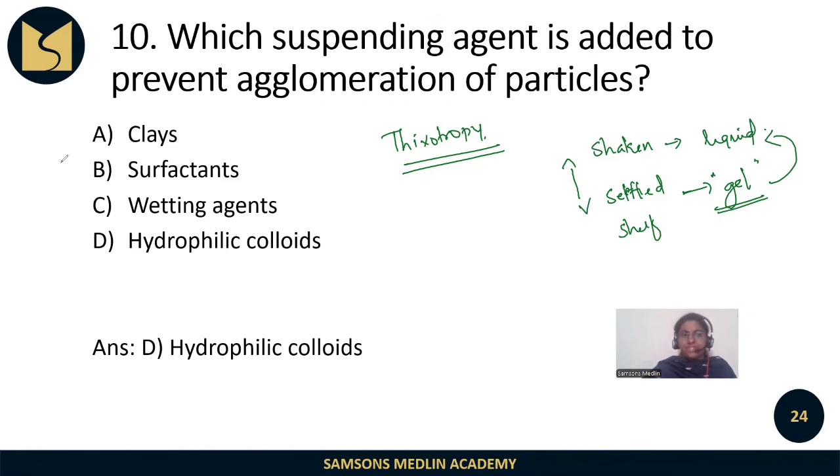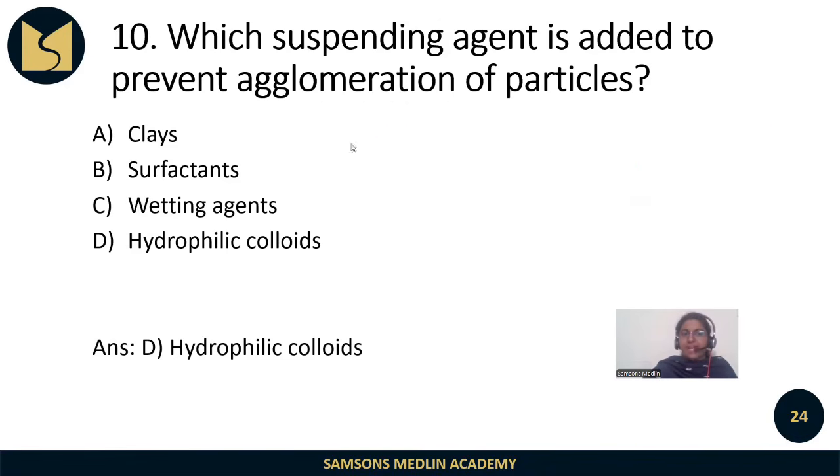Now, wetting agents. What is a wetting agent? Wetting agents are actually a kind of surfactant. There are a lot of applications for wetting agents. But here, in the case of suspensions, why are we adding the wetting agent? Because we are adding insoluble particles to water, right?